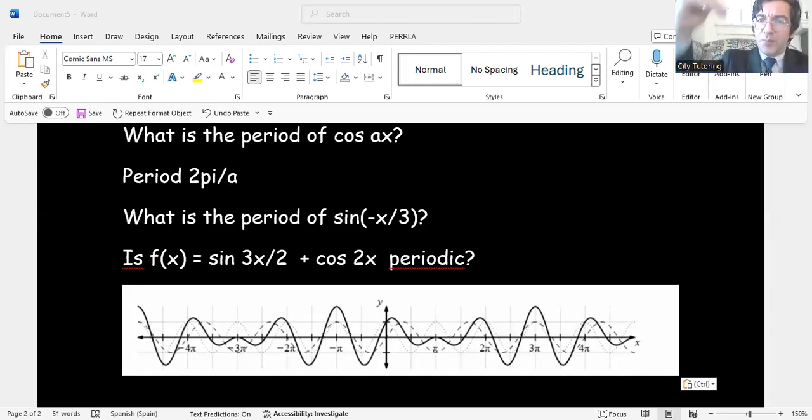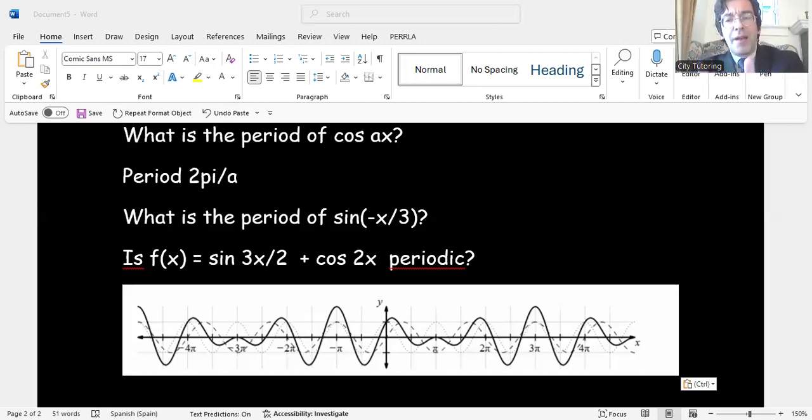Well, look at the large peaks here. That gives you kind of a hint. The peaks appear to occur where both sine of 3x over 2 and cosine of 2x equal 1. So you have to investigate sine of 3x over 2 and cosine of 2x separately, and pay special attention to what values of x make both equal 1.